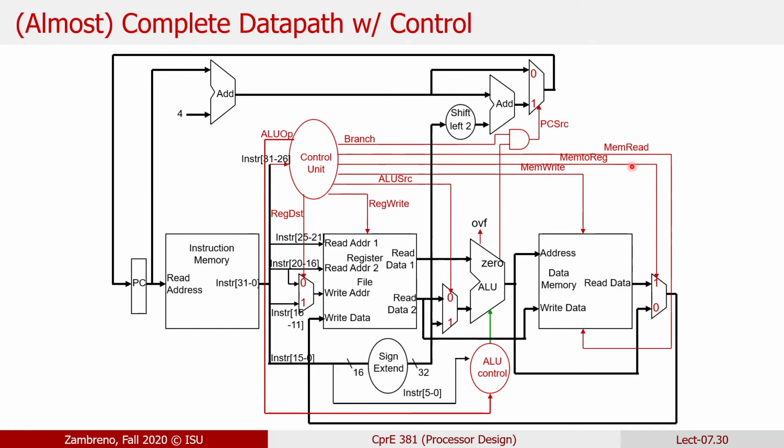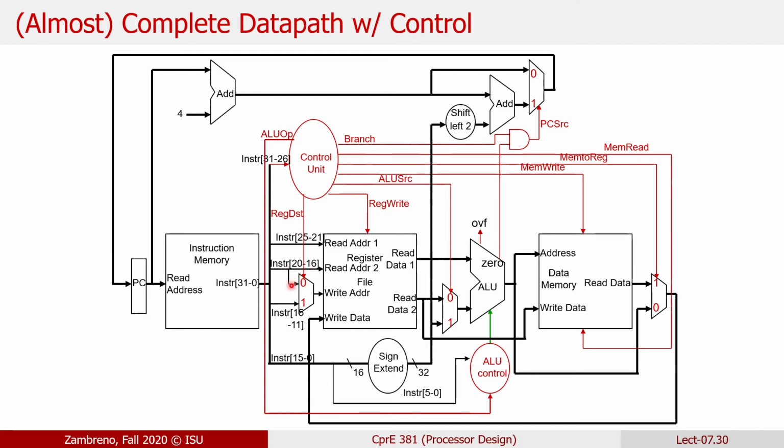This one is probably the worst named one in my opinion. This is reg destination, and we've already run into this a little bit based on how load word is encoded, in which there's no RD field. Instead, it's using the RT field for the destination address, the write address in our register file. I would call that RT or RD or something like that, because that's literally what it's doing.